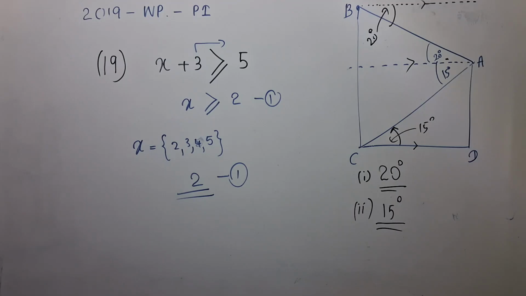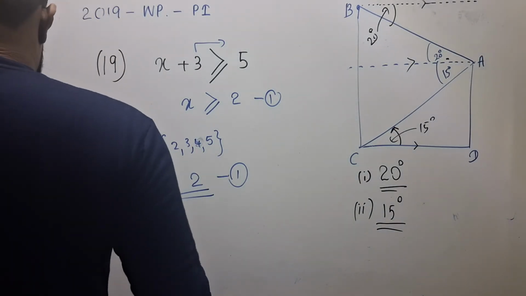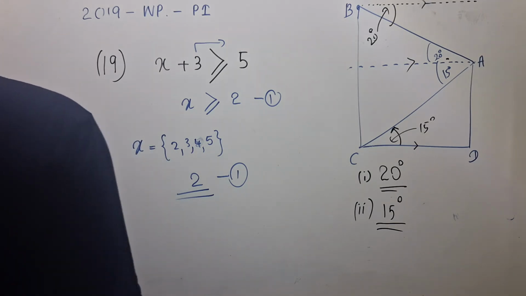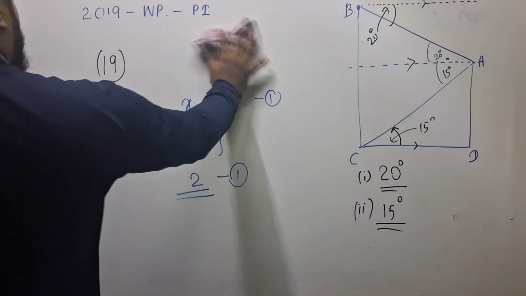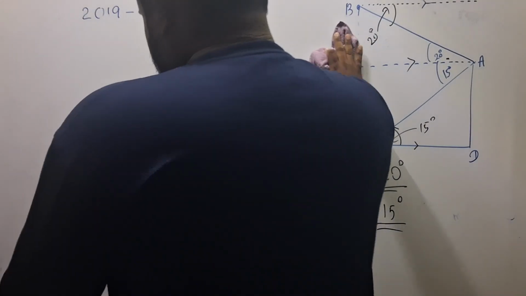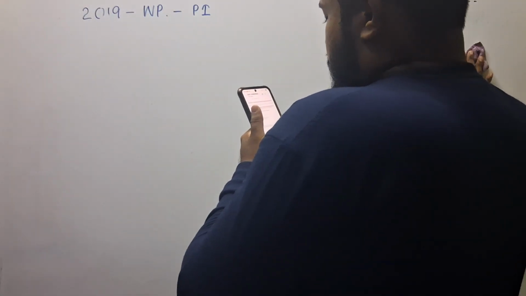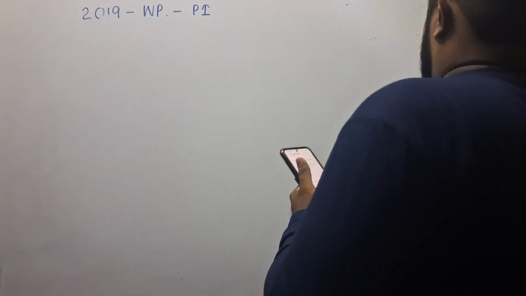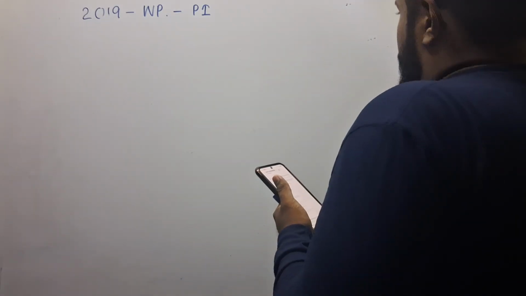Question number 21. Information given below represents the weight of some students to the nearest kilogram. Find how many students have weight more than the mean weight. So you have to do two things.